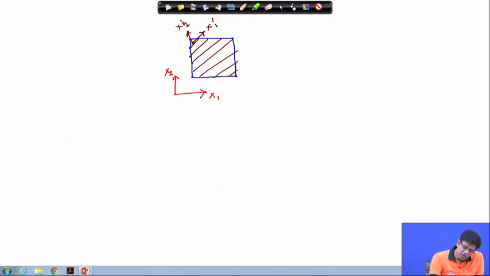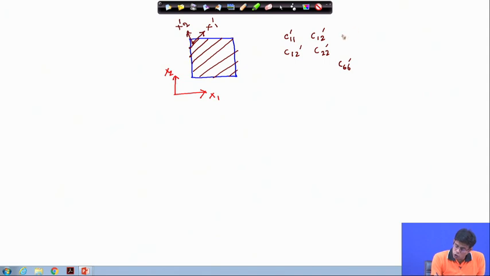So essentially what we will have is C11 prime, C12 prime, C12 prime, C22 prime and C66 prime, since it's a 2D material.